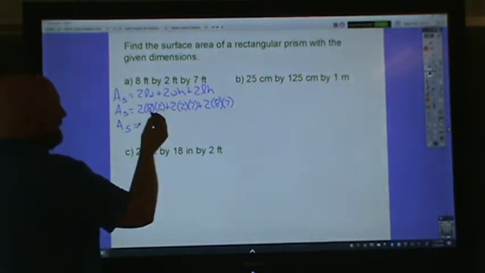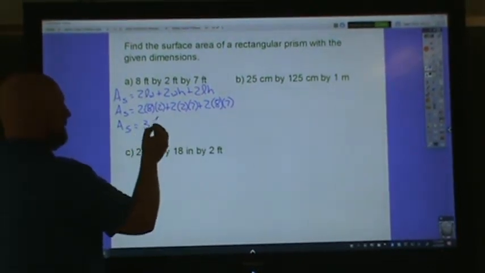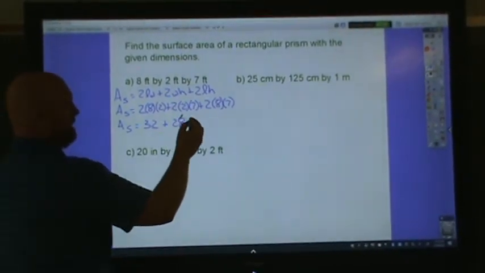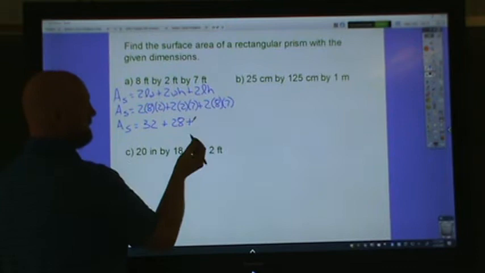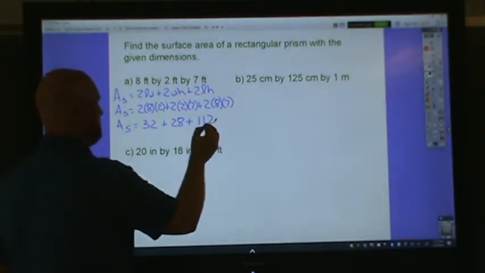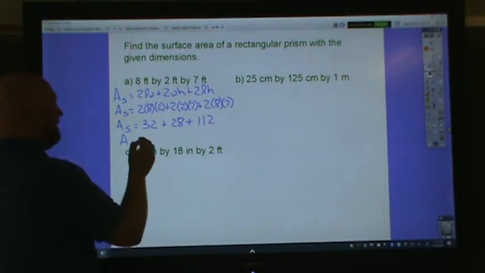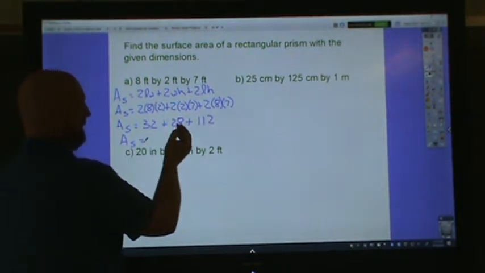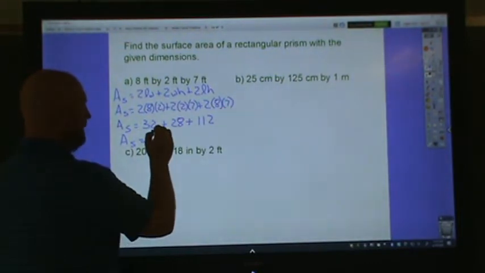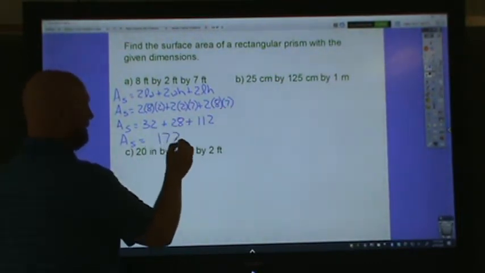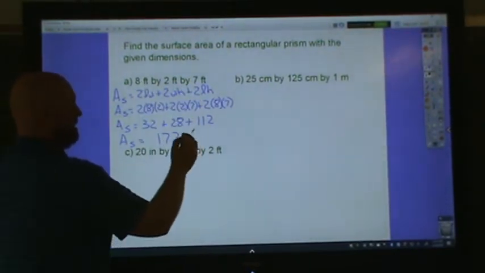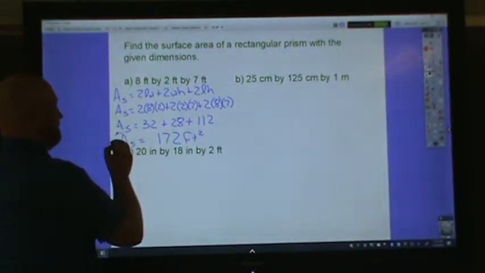So 2 times 8 times 2 is 32, 2 times 2 times 7 is 28, and 2 times 8 times 7 is 112. So when I add these together, 32 plus 28 is 60, plus 112 is 172. And since it's an area, it's going to be a unit squared, so we're going to have feet squared.